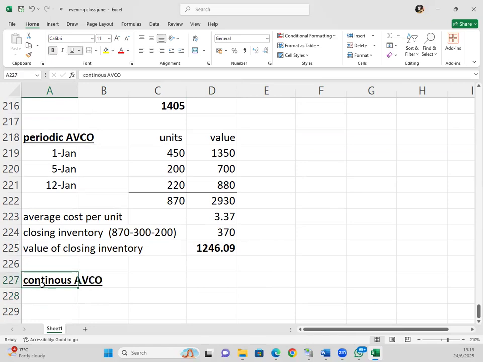So we have the periodic AVCO and we have the continuous AVCO.